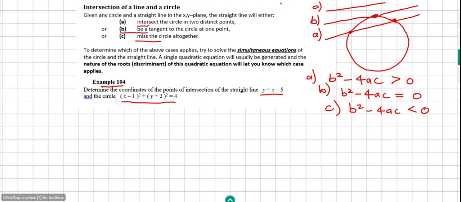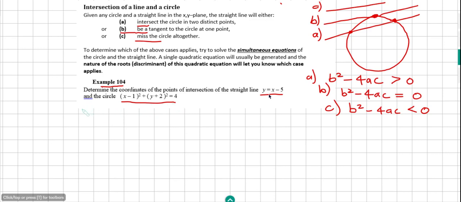So I'm going to look at this example now. So determine the coordinates of the point of intersection of this straight line and this circle. So we've got a simultaneous equation here, and one of the equations is a linear one and one of them is a non-linear one. And we're going to substitute in the y equals x minus 5 into the non-linear equation.